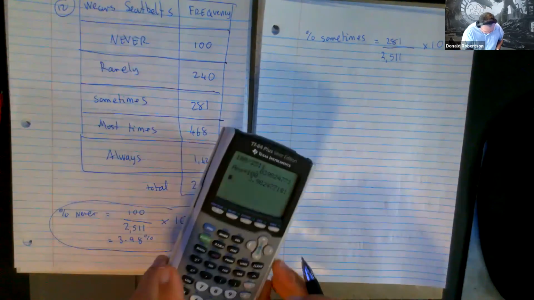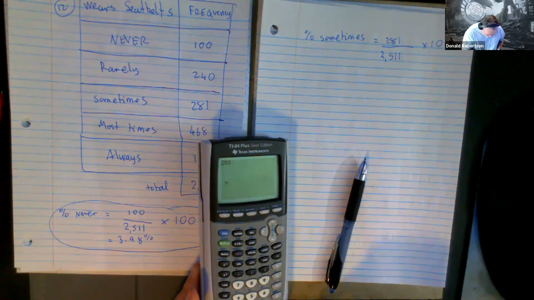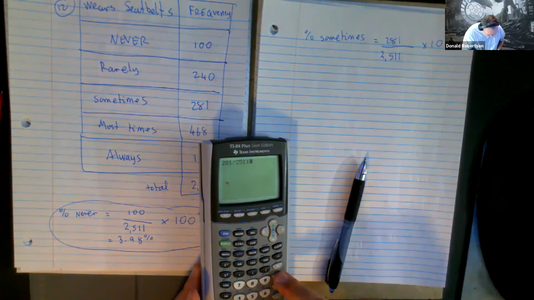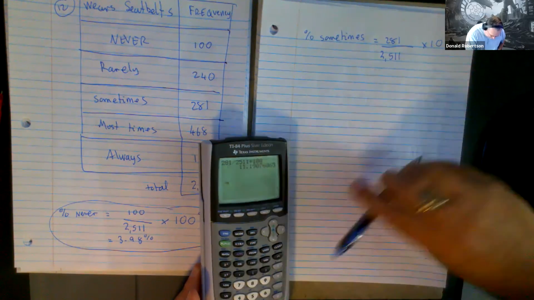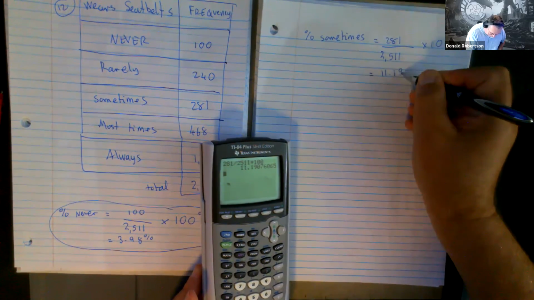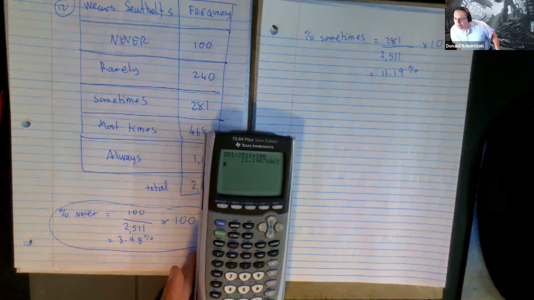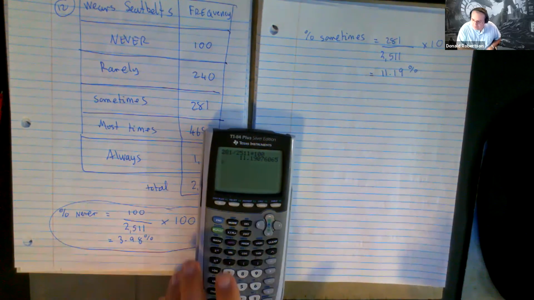So I go 281, divide it by 2,511, then times it by 100, and I get the answer: 11.19 when I round it off to 2 decimal places. We good?